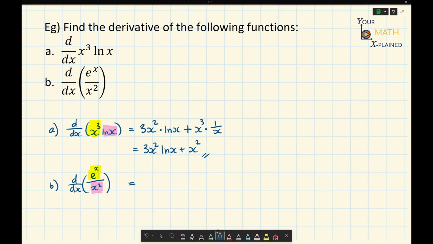So the derivative of e to the x is still e to the x. We multiply this by our bottom function, and this time it's going to be subtract. And we subtract our top function multiplied by the derivative of our bottom function. So that's going to be 2x. And then we're going to take that and put this all over the bottom function squared.